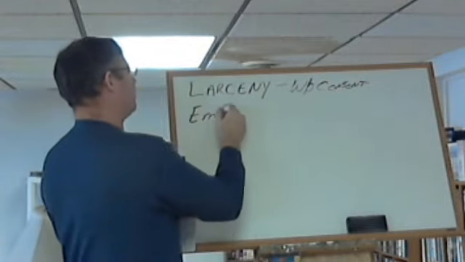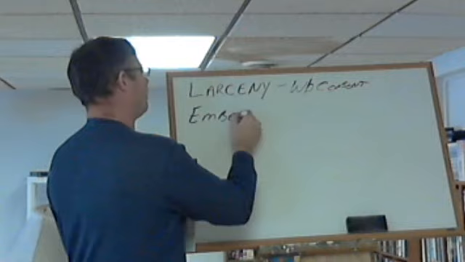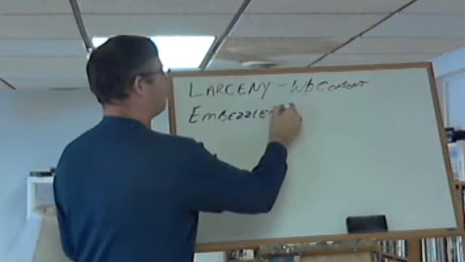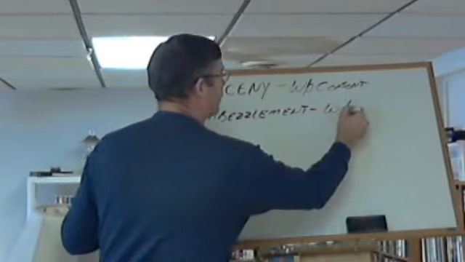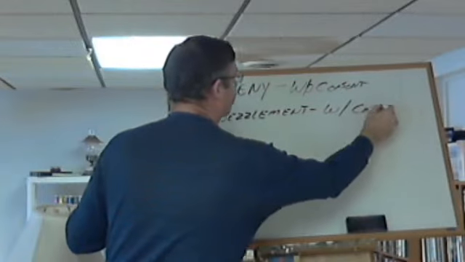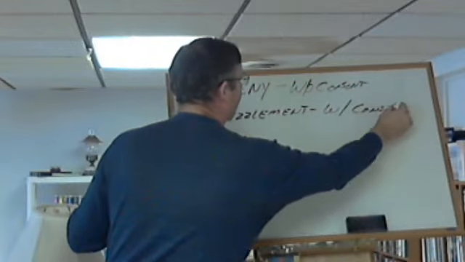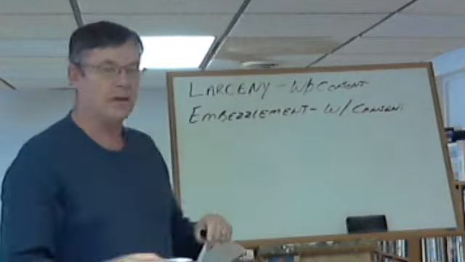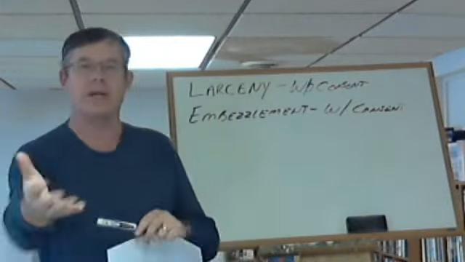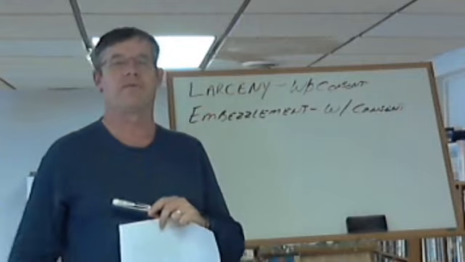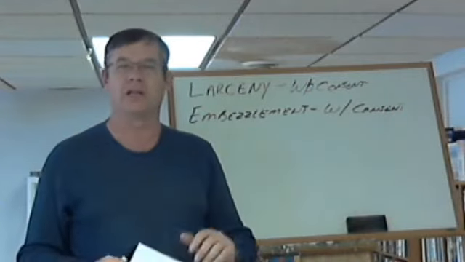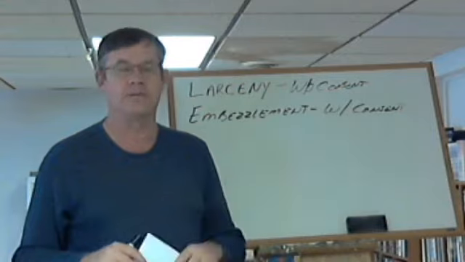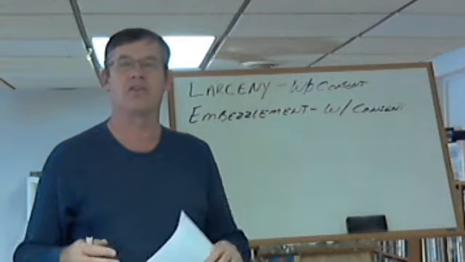Embezzlement is with consent. Embezzlement, the owner of the property actually hands the property over to the offender. They entrust the property. In legal fields, we call that transferring the title of the property.